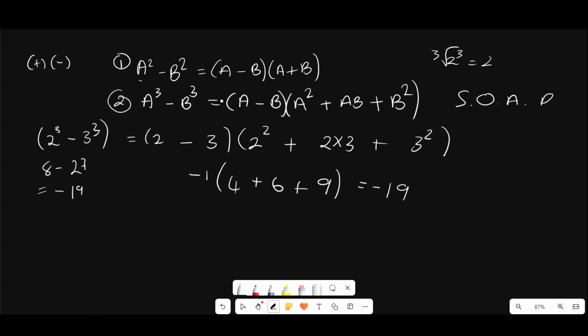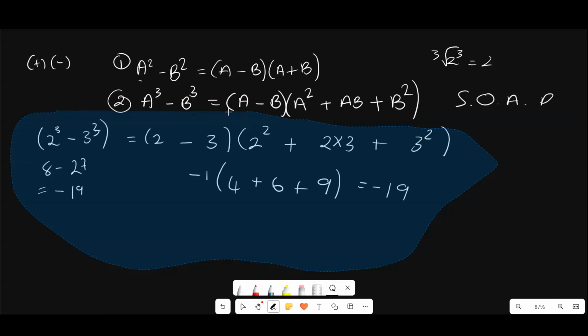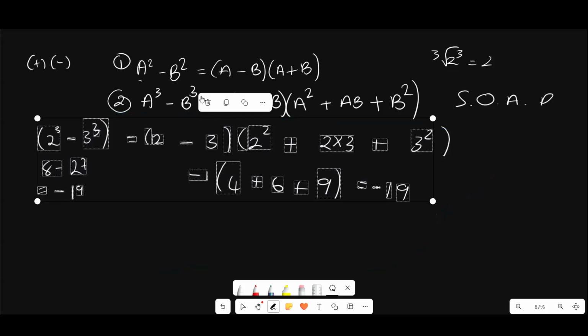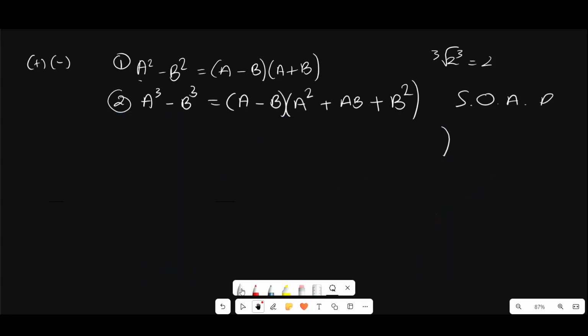So that is how we do the sum and the difference of cubes, right? So make sure that you note that on your notes, right? So we have a cube plus b cube.